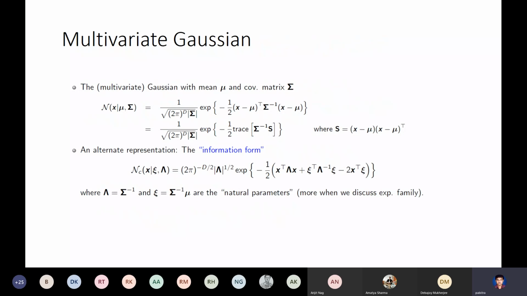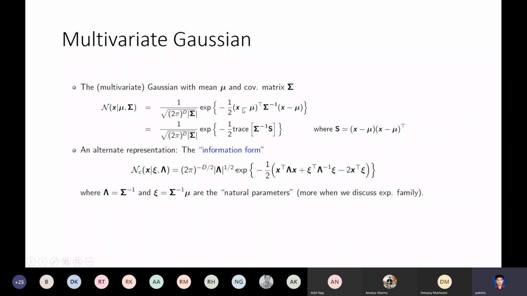Okay, so now let us come to the more important case. Univariate Gaussians are common. They are still very common, but modern machine learning usually demands multivariate Gaussians. So this is the standard form. You have a normalizing term and e to the power of x minus mu.